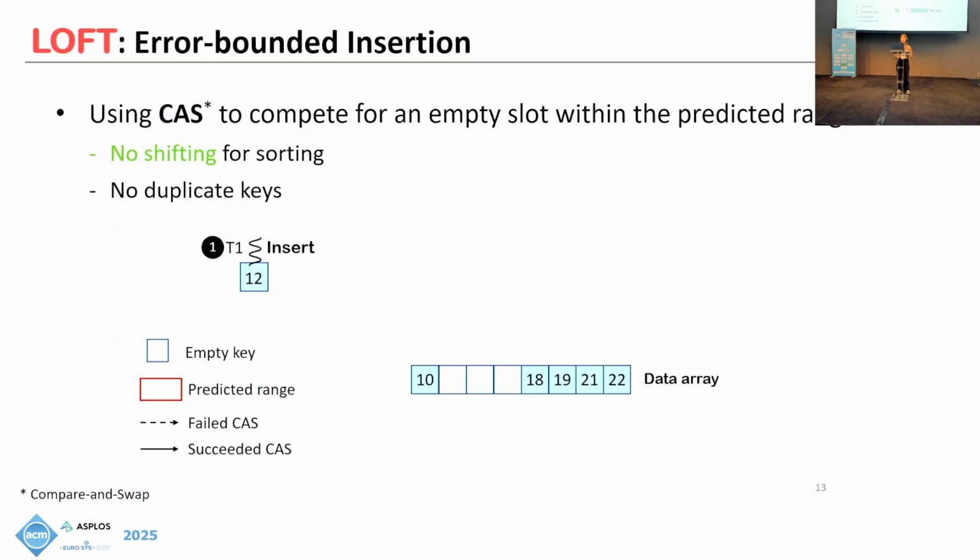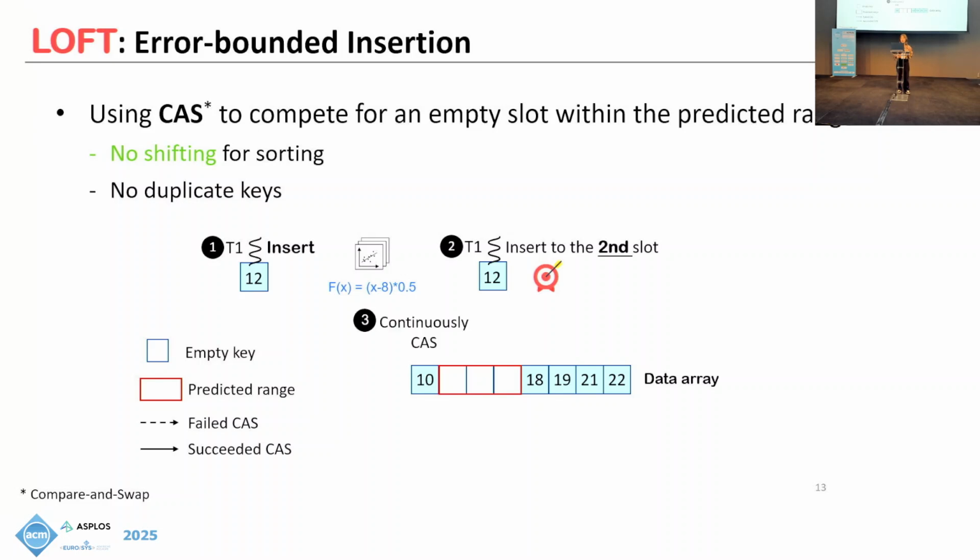We first introduce the error-bounded insertion scheme. For insertion, LOFT leverages the model for prediction, and then it will get a predicted range in which to insert the key. In LOFT, the index operation will continuously CAS the empty slot within the predicted range.